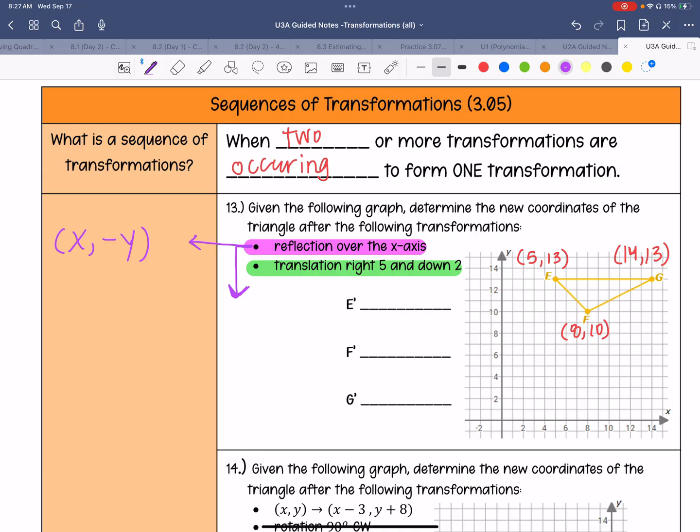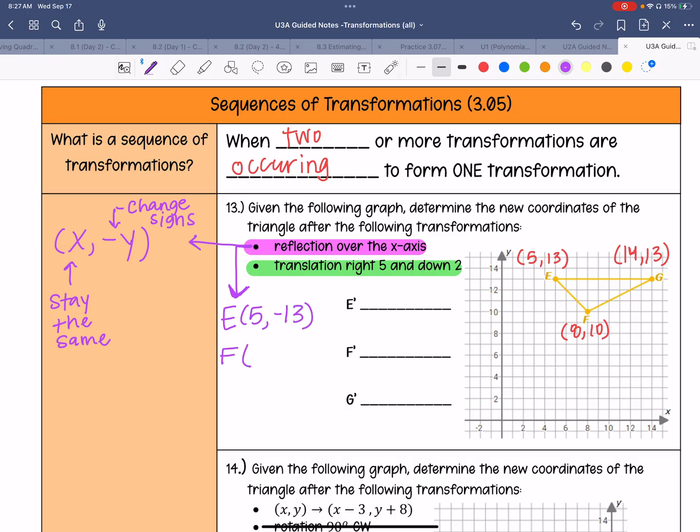Remember, what this means is that x is going to stay the same, and y is going to change signs. So for each of these ordered pairs, I'm going to keep x the same. For E, my x is still going to be 5, but my y is now going to change sign, so it's going to be negative 13.